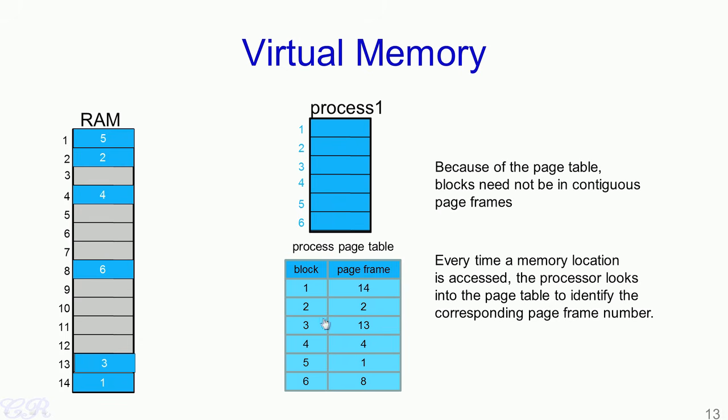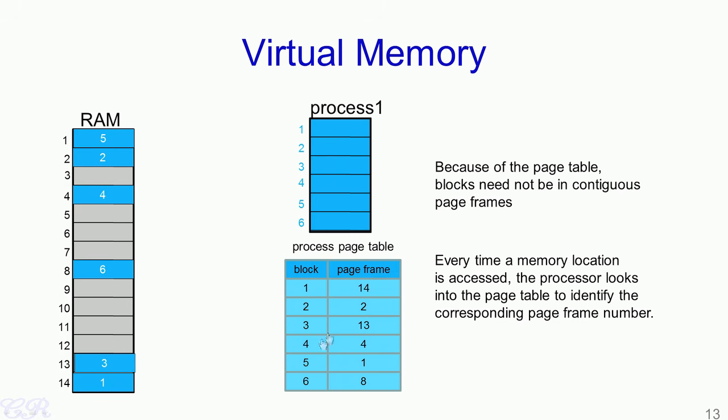Then it generates something known as a physical address, which looks into the 13th page frame in RAM. As a result, every memory access has the additional overhead of looking into the page table before the access into RAM can be made.